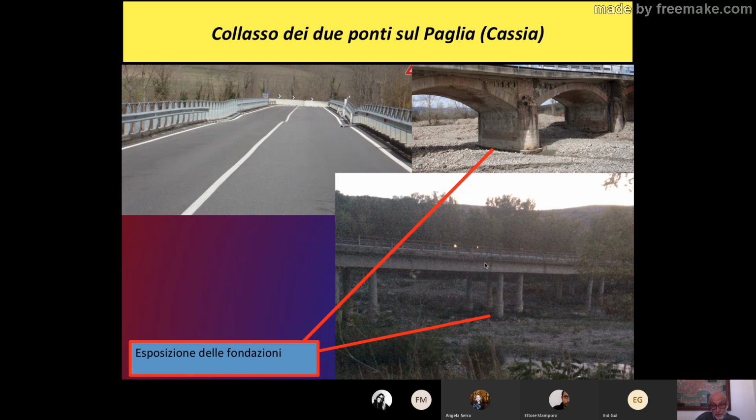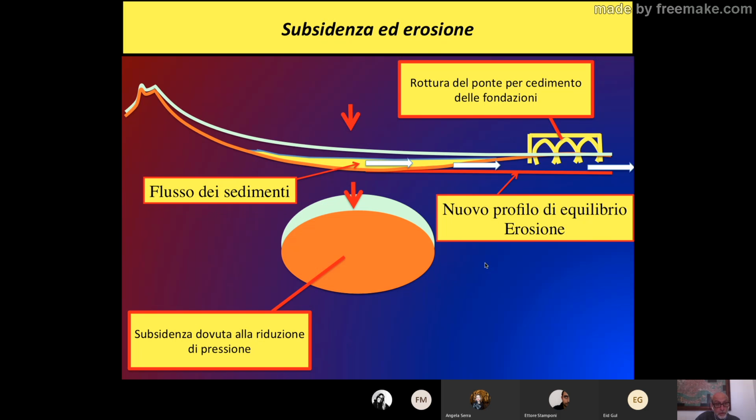Why is this? Very simple. This is the profile of Amiata, of course a cartoon, before geothermal exploitation.